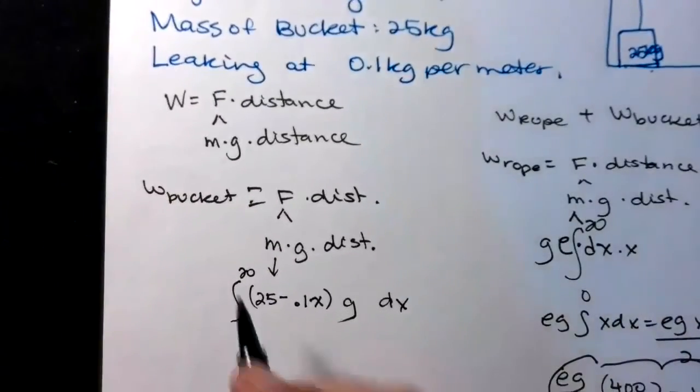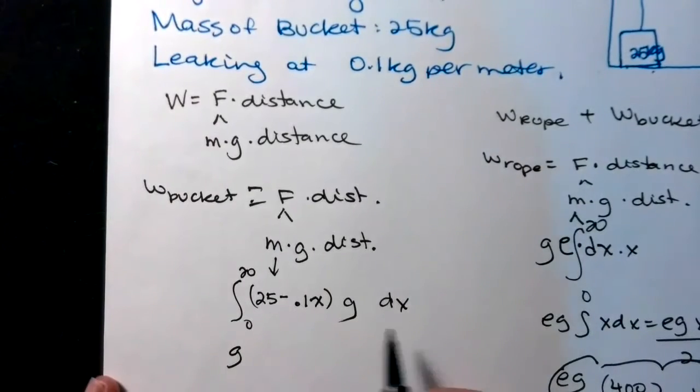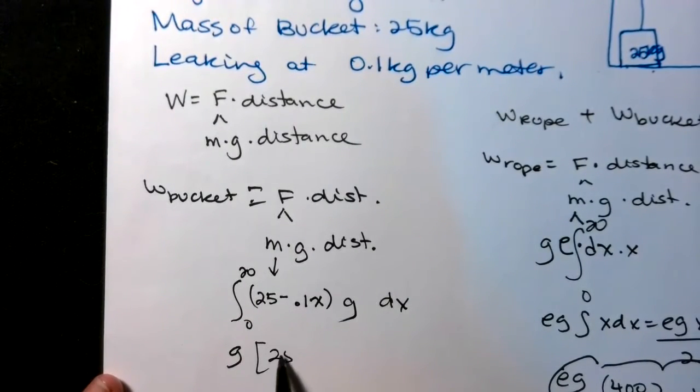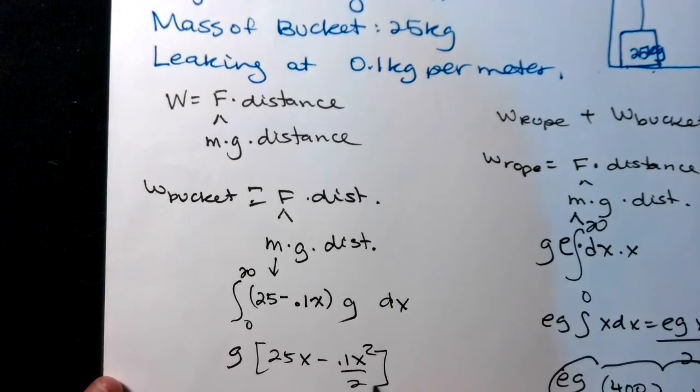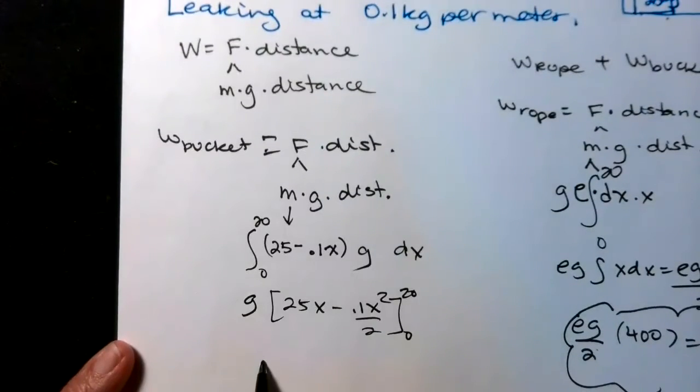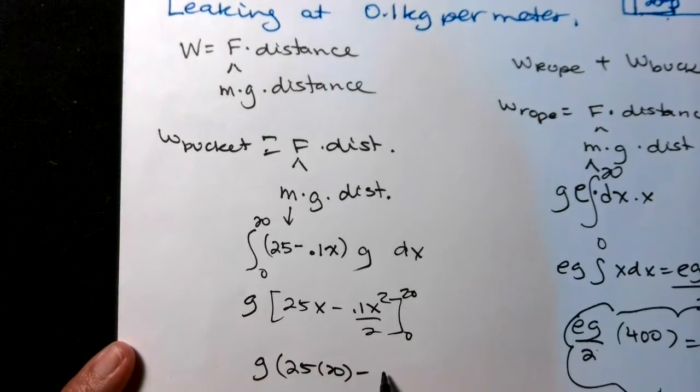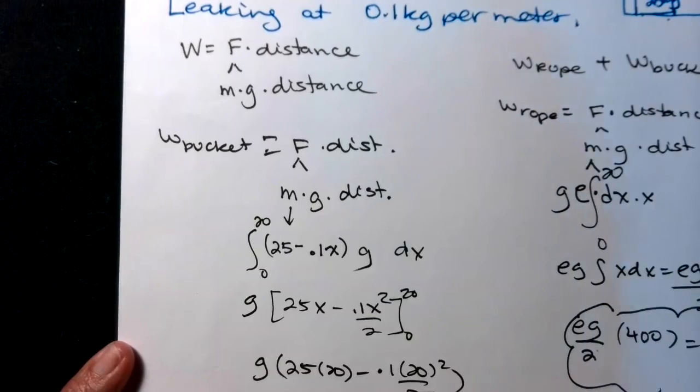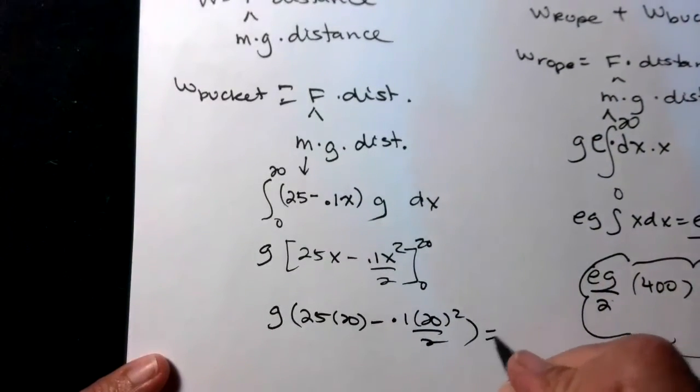So g out in front. That's nice and easy. So 25x minus 0.1 x squared over 2, from 0 to 20. So I've got g times 25 times 20 minus 0.1 times 20 squared over 2. So this would be the work for the bucket.